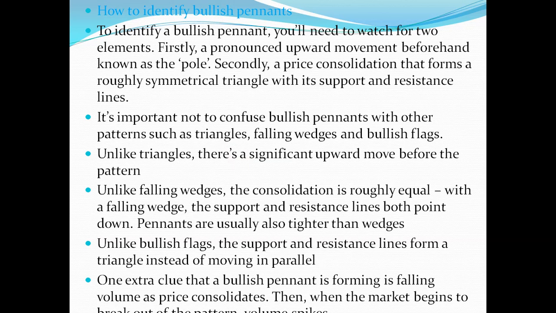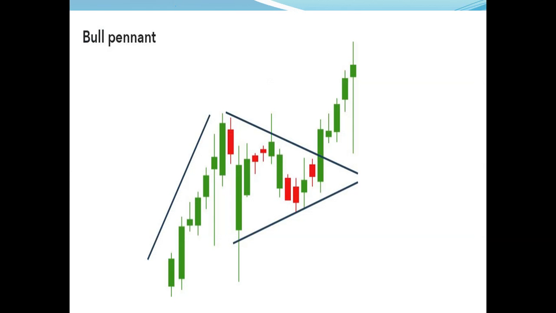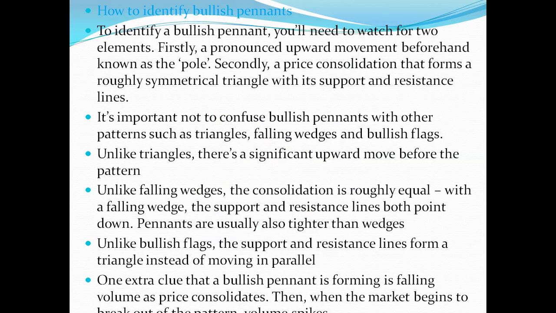Secondly, price consolidation that forms a roughly symmetrical triangle with support and resistance. So it forms a pole, then you have to draw lines here. Take the two peaks and draw a support and resistance line here. So this is a pennant, a bull pennant.